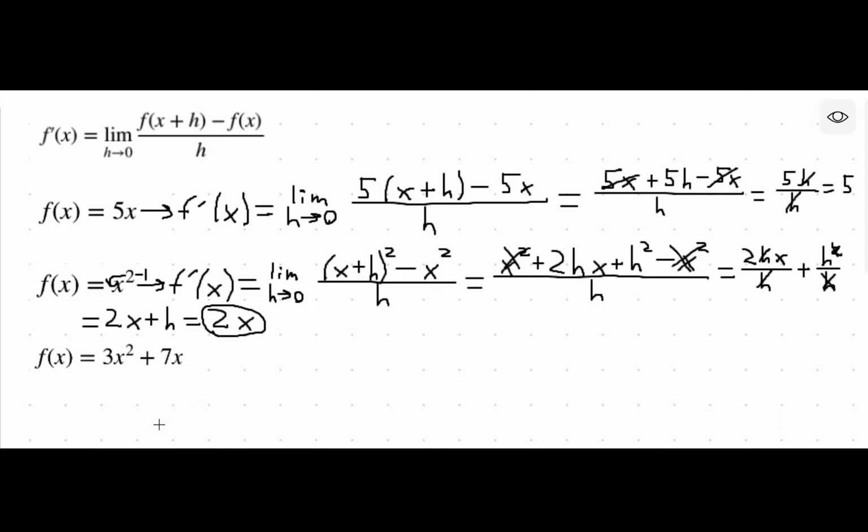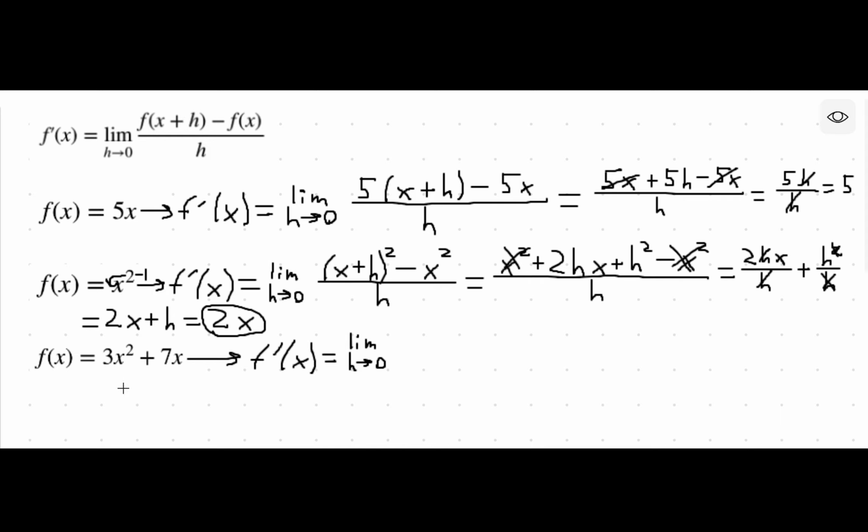And then for the last example, let's say we have 3x squared plus 7x. So again, we'll use the formal definition of a derivative. So now I want to figure out what f of x plus h is.